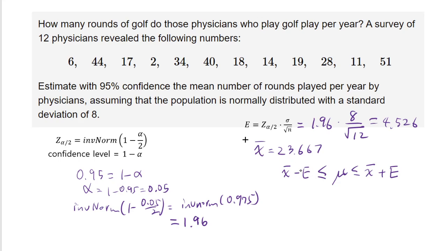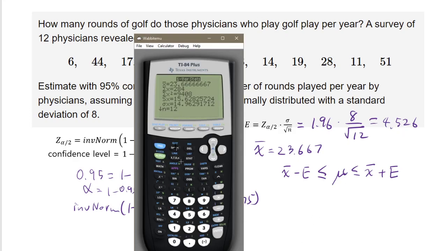Okay. All right. So let's try to compute this. 23.667 minus 4.526. So calculate that. Second quit. 23.667 minus 4.526 gives you 19.141, and then again 23.667 plus 4.526 gives you 28.193.